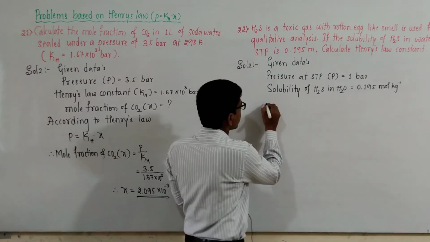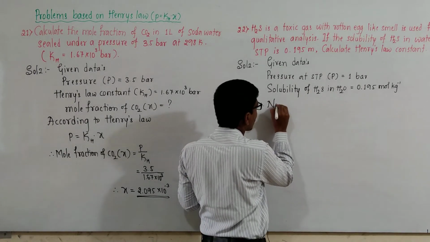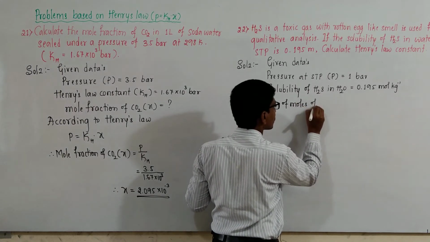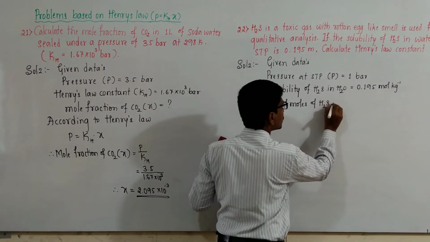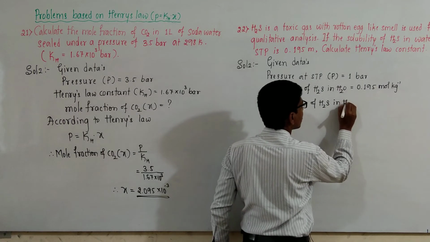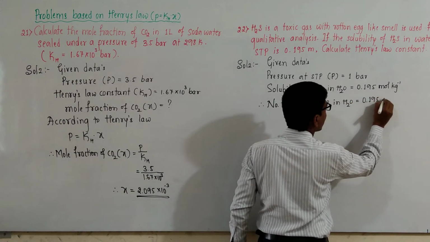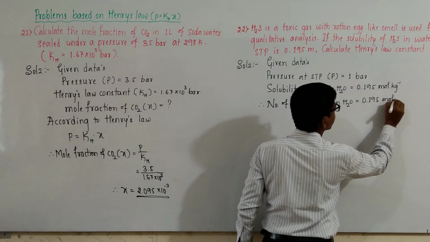From this, the number of moles of H2S in water is equal to 0.195 moles.